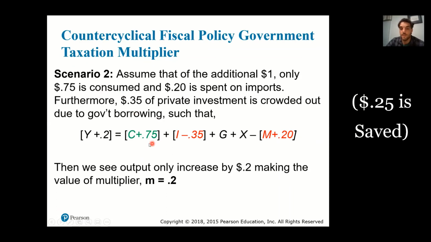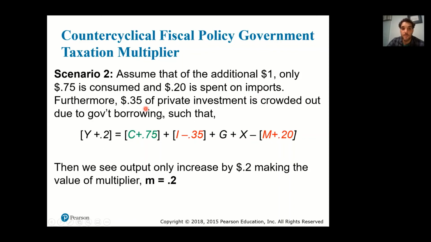So with $1 less in taxes, 75 cents of that dollar is used to buy goods and services by households. However, of that 75 cents that's consumed, 20% or 20 cents is spent on imports, so not domestically produced.